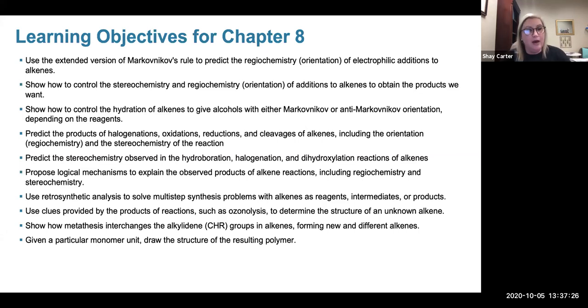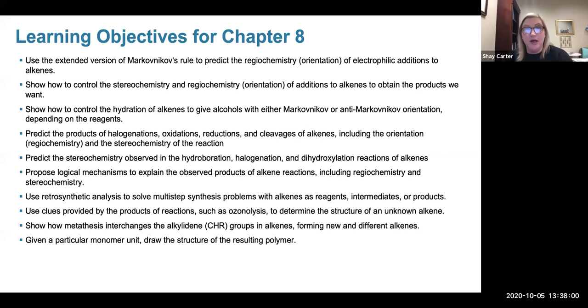We're going to show how we can control the stereochemistry and regiochemistry of addition reactions to obtain the products that we want, and then show how to control the hydration of alkenes to give alcohols with either Markovnikov or anti-Markovnikov orientation, depending on the reagents. We have one reagent that gives us a Markovnikov product and one reagent that gives us an anti-Markovnikov product. Sometimes we say a Mark product or an anti-Mark product.